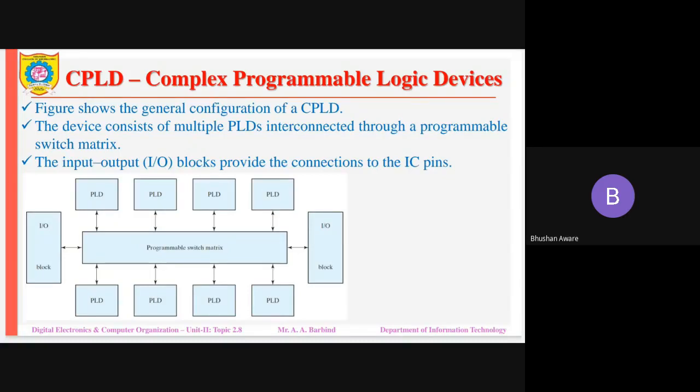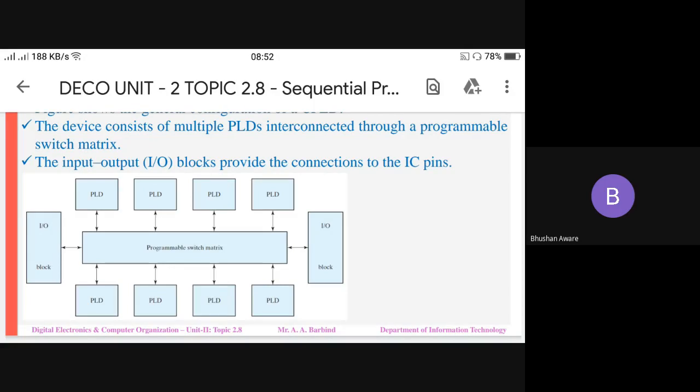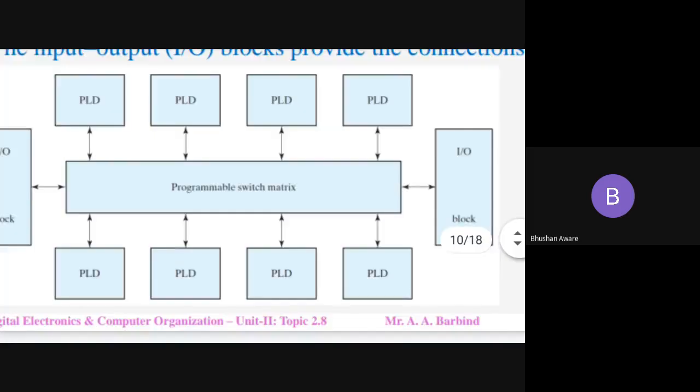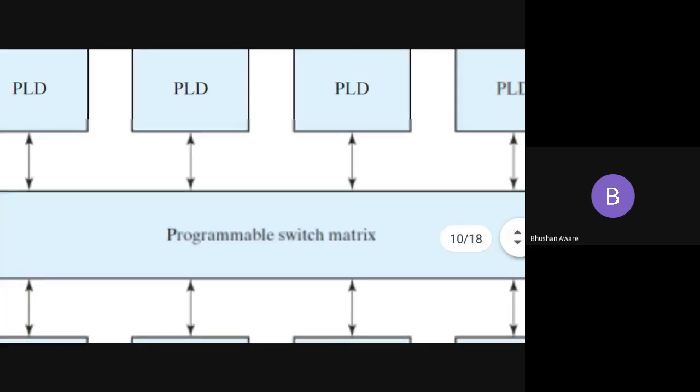Okay, that means you will be using the first SPLD to configure one part of your circuit. You will be dividing your circuit into different parts, and each PLD will be able to configure some part of your circuit. Then again there will be connections between the different parts of your circuit, and those connections will be achieved by using this central part, that is the programmable switch matrix.